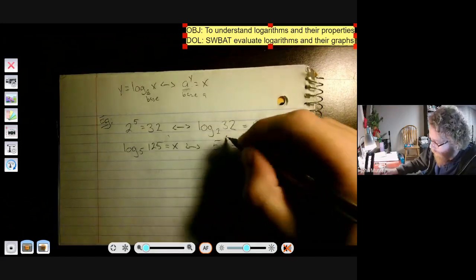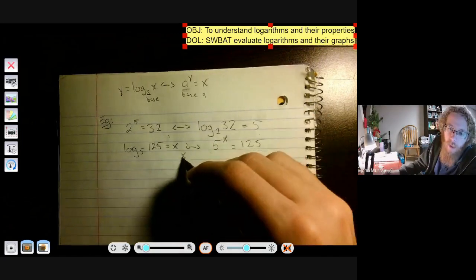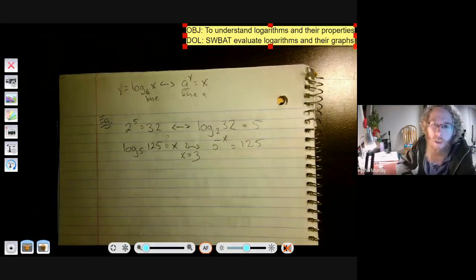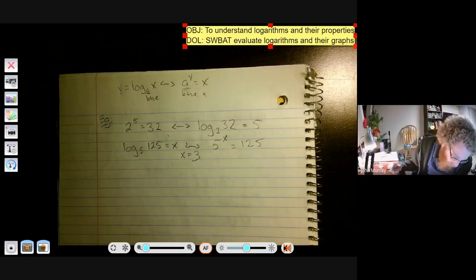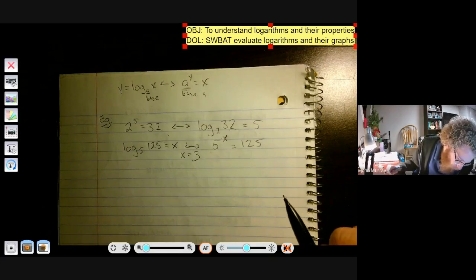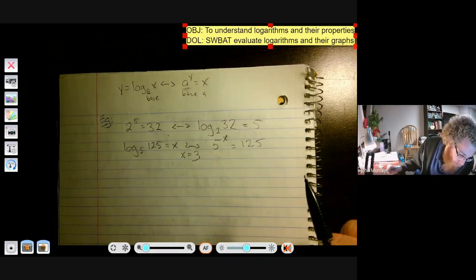So 5 to what power x would be 125? In this case, our solution would have to be 3. Again, it all depends on what base we're dealing with.